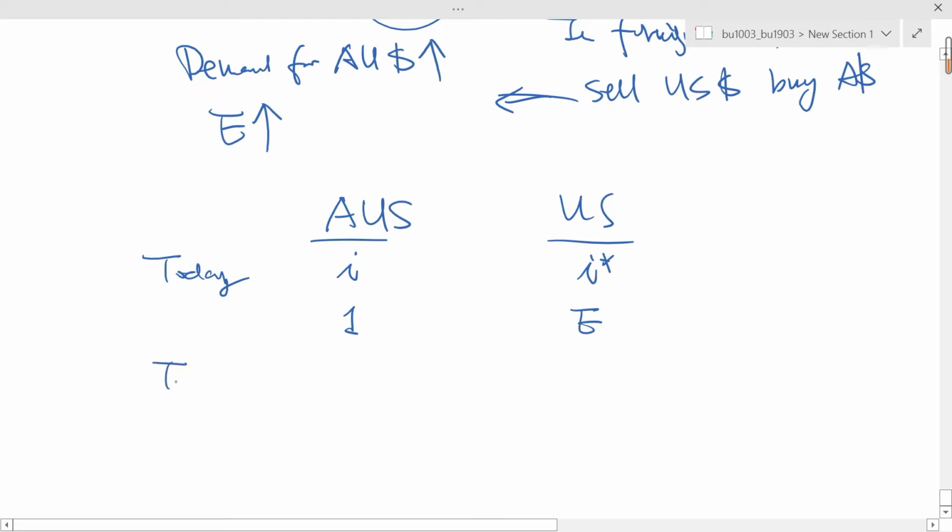And tomorrow, we have an expected exchange rate, E^e, where 1 Australian dollar is expected to exchange for E^e US dollars. Here e denotes expectation. Okay, that's the information we have.